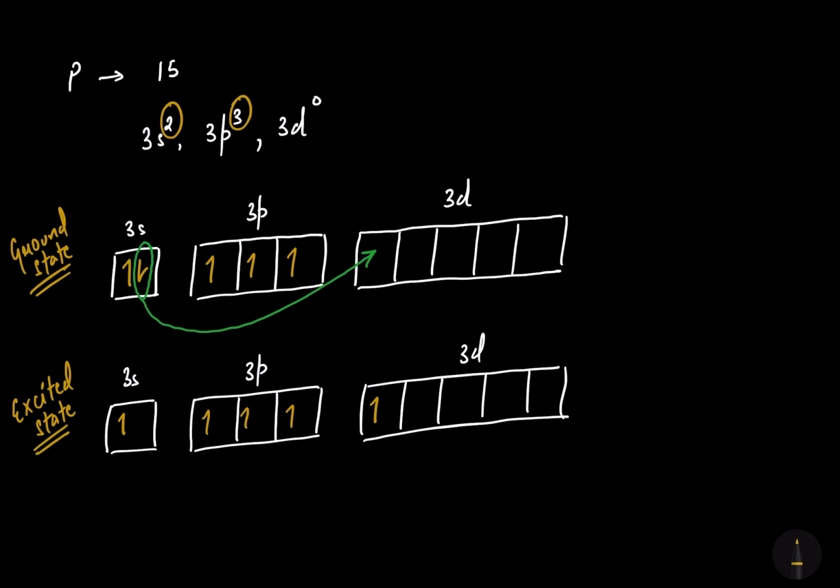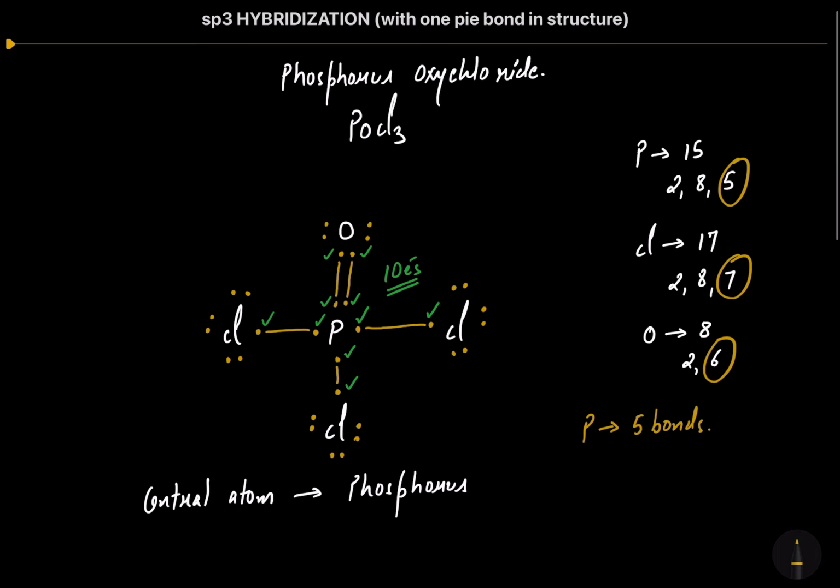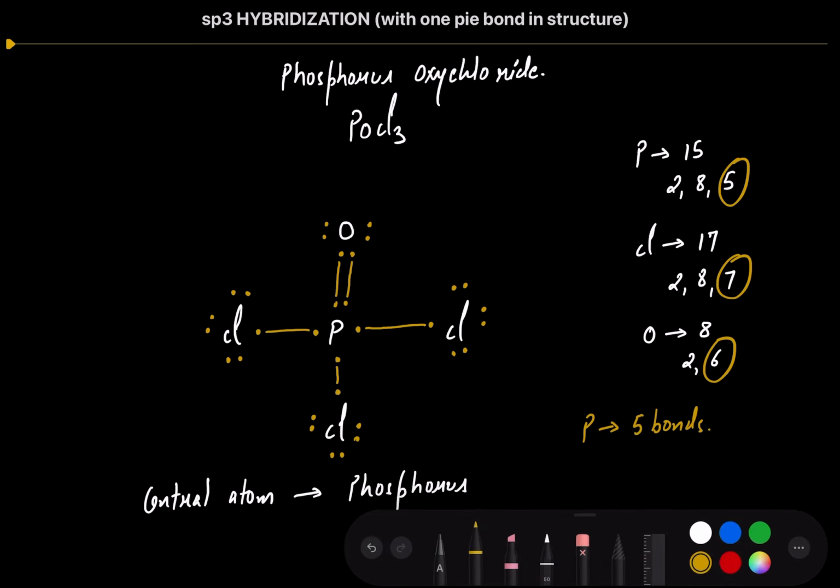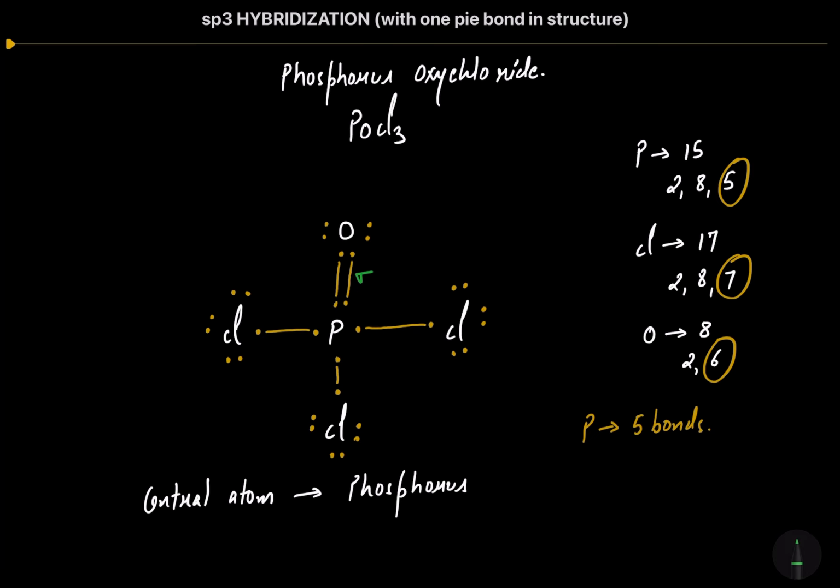Now let's come back again to the Lewis structure. Now here I'm mentioning one thing. Whenever there is a formation of two bonds between two atoms, in this case we are having two bonds between the oxygen and the phosphorus, in case of two bonds, one bond is always sigma and the other bond is always pi.